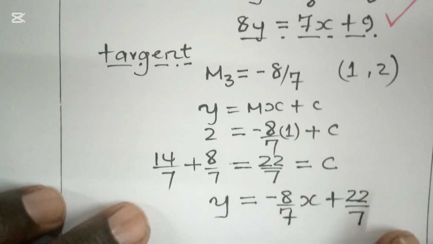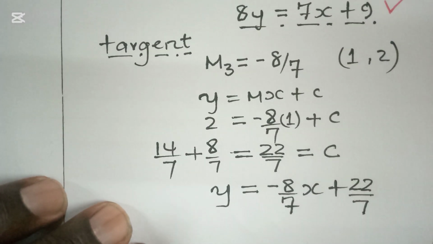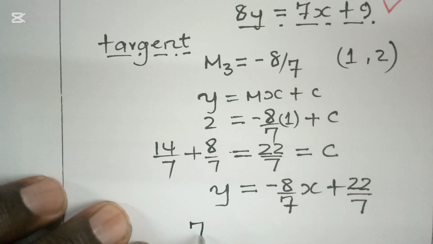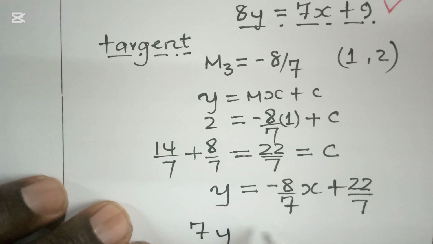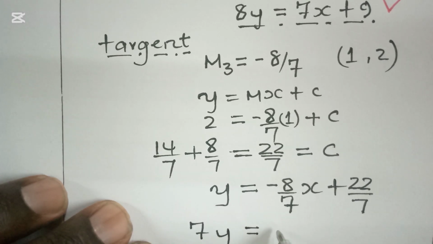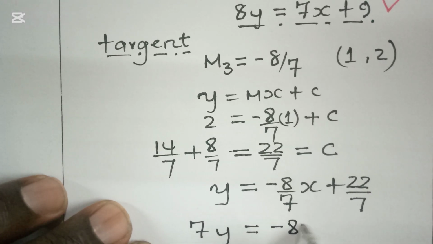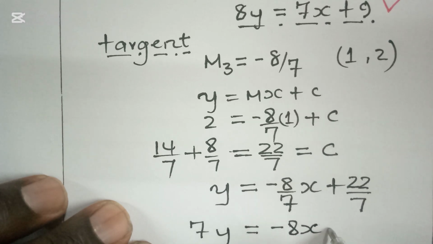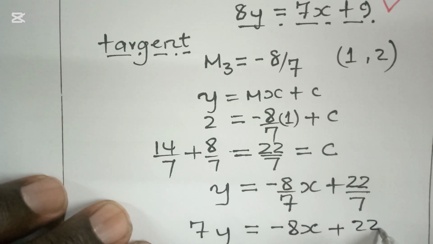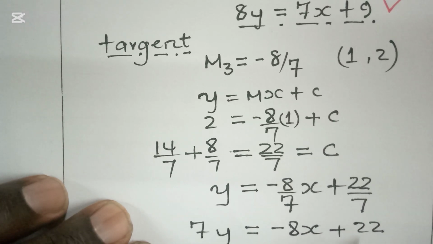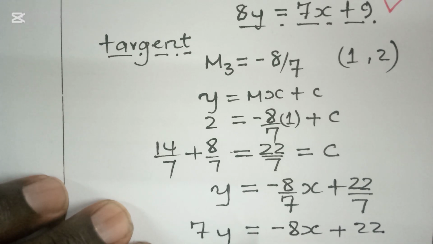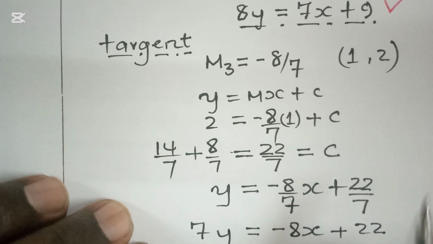I can now multiply throughout by 7, and therefore I'll get 7y equals negative 8x plus 22. And so therefore, this is my equation.